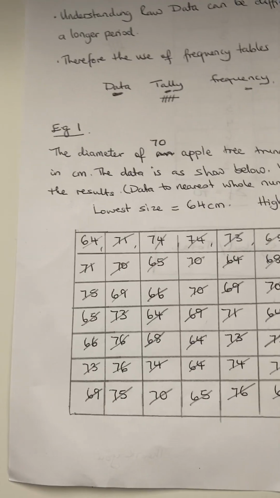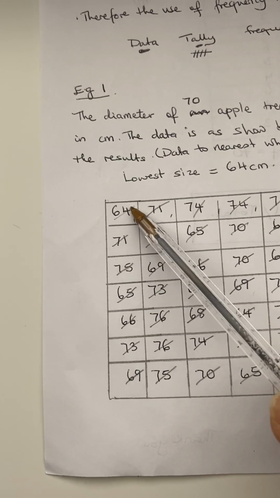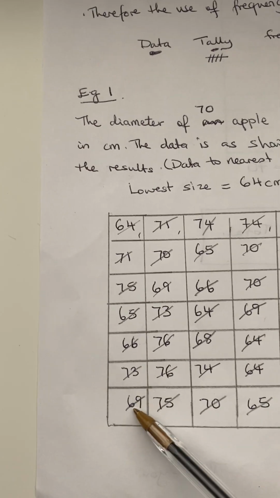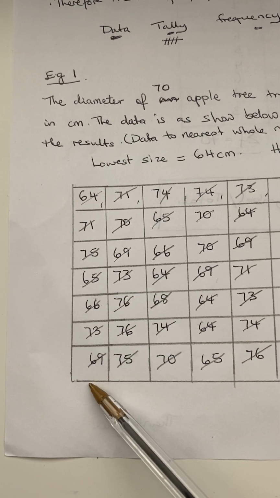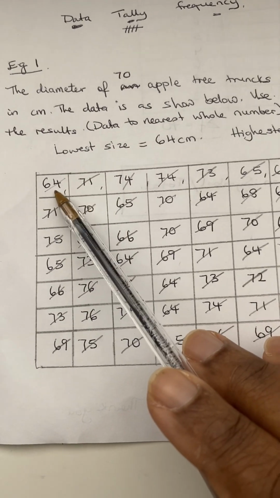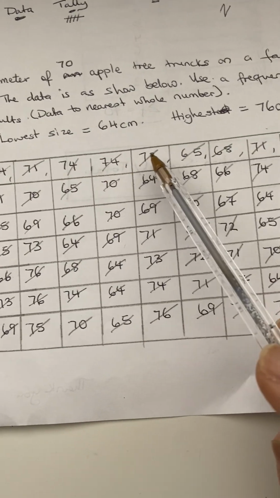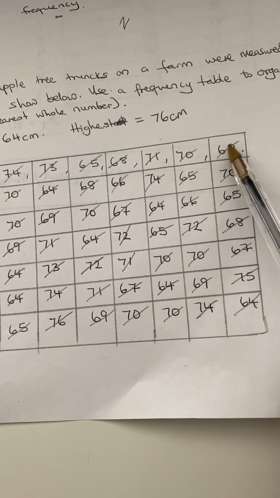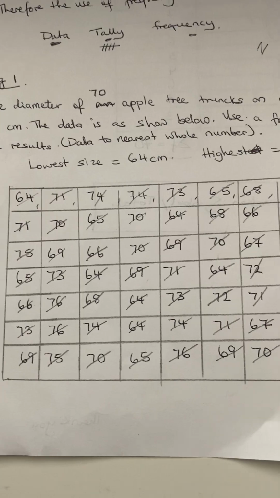But also, you need to count. So look at it: 1, 2, 3, 4, 5, 6, 7. That is 7. And then across is 1, 2, 3, 4, 5, 6, 7, 8, 9, 10. So 10 times 7 is 70.